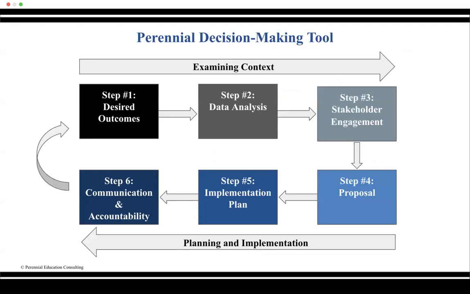With that, I want to jump into talking about the 6 constructs and steps within the Perennial decision-making tool. The first 3 really look at examining the context and gathering information. And then the last 3 are really around planning and implementation.